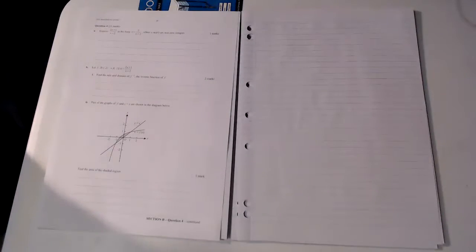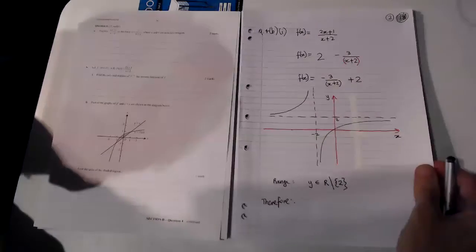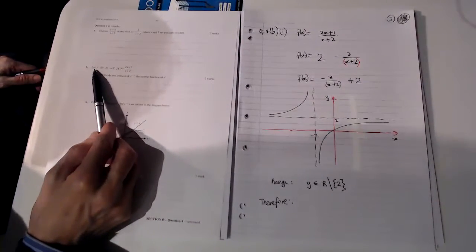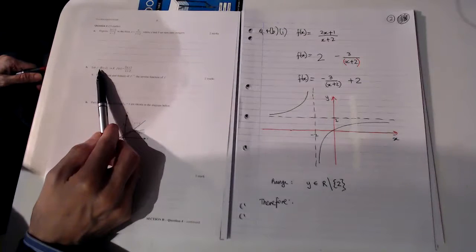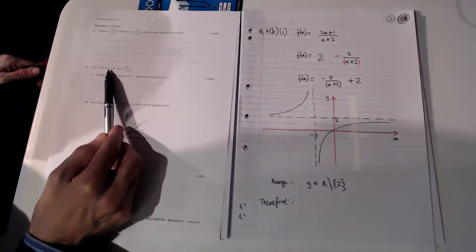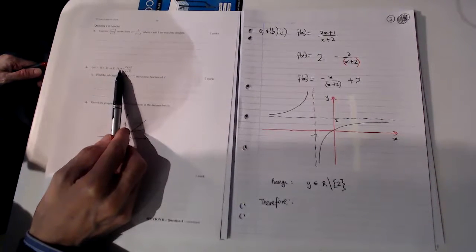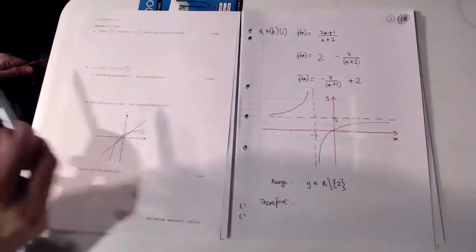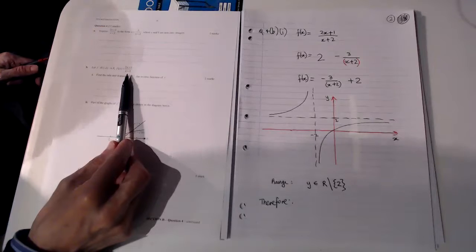Now we go to part B. What is part B about? Part B. Let f, where the domain is the set of real numbers except x equals -2, where f of x equals (2x plus 1) divided by (x plus 2).